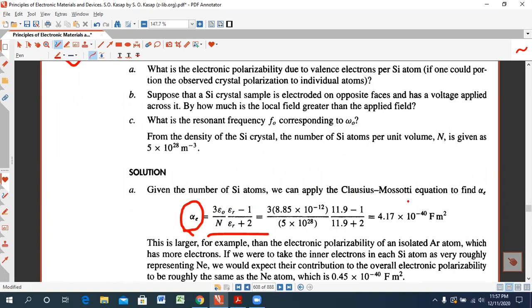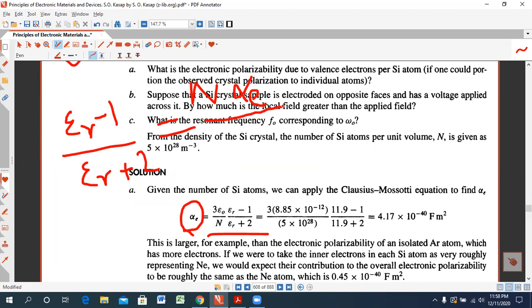So do not forget to derive the Clausius-Mossotti equation and the related terms from this alpha E. I think you know what the Clausius-Mossotti equation is: (epsilon r minus 1) divided by (epsilon r plus 2) equals N alpha E divided by 3 epsilon naught, isn't it?